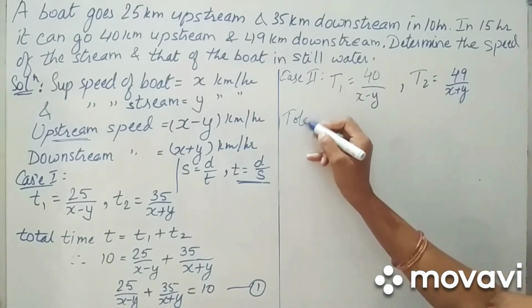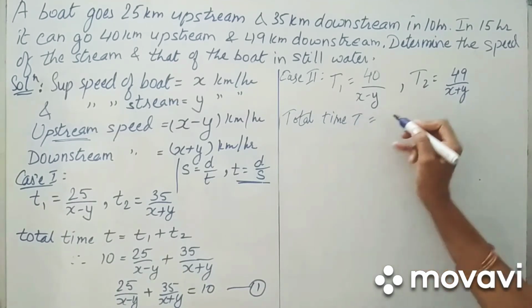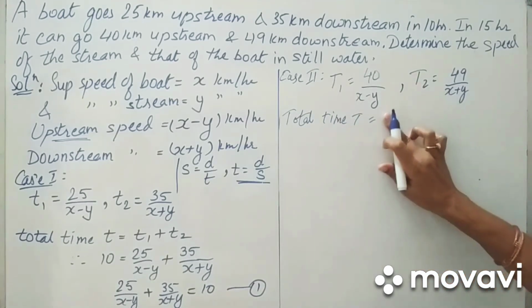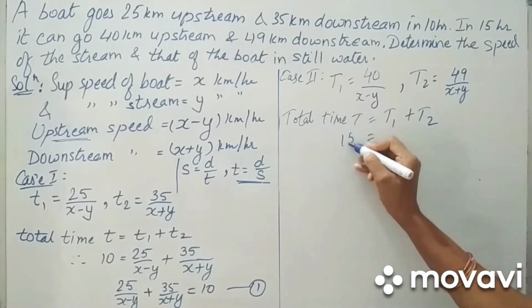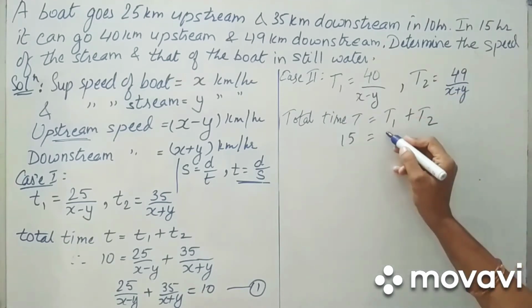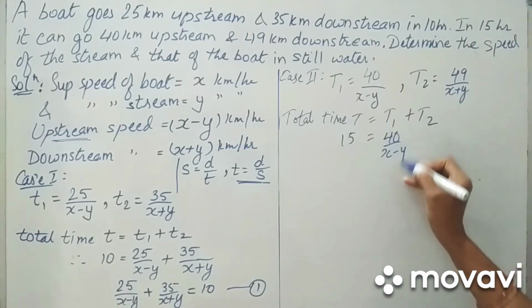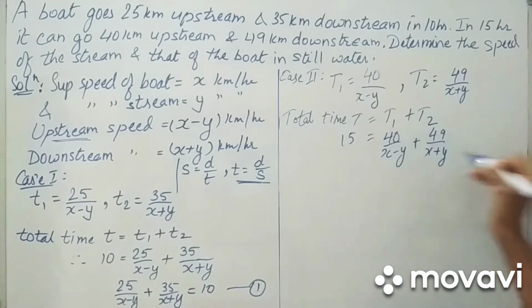And T2 is equal to 49 upon x plus y. Total time T is equal to T1 plus T2. How much time is it? 15 hours. So T1 is 40 upon x minus y plus T2 is 49 upon x plus y.